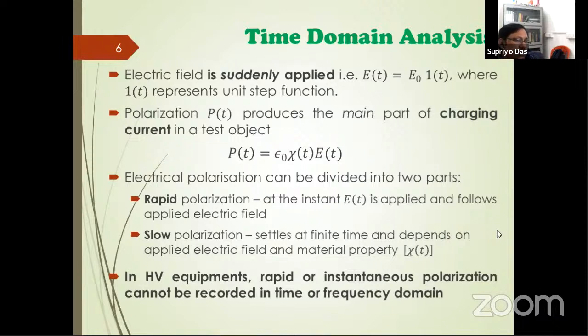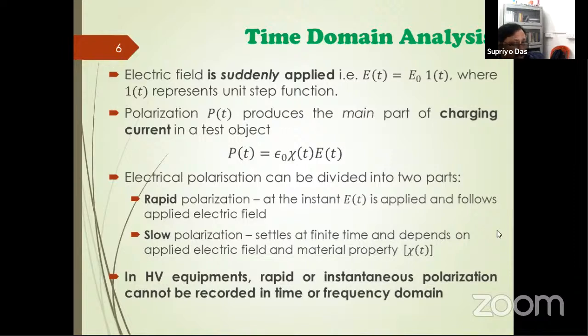Now, the polarization produces the main part of the charging current. Once we apply a field, the material gets polarized, and a charging current flows through it. We can measure the charging current. There are two things in polarization. One is rapid polarization: at the instant we switch on the voltage or field, there is instantaneous polarization, which is proportional to the field.